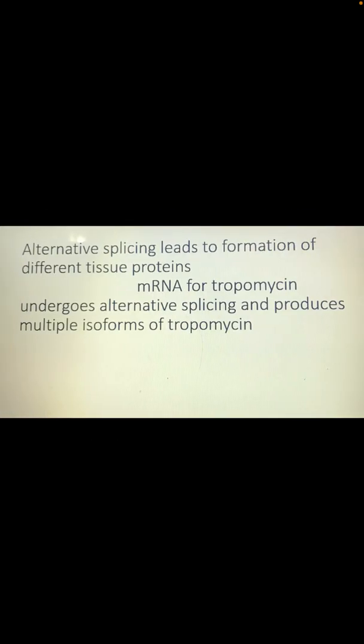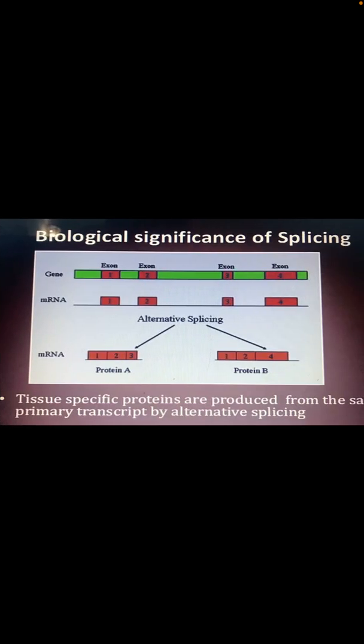So finally, another type of splicing, which is known as alternative splicing, leads to the formation of different tissue proteins. For example, mRNA for tropomyosin undergoes alternative splicing and produces multiple isoforms of tropomyosin. So tissue specific proteins are produced from the primary transcript by alternative splicing.